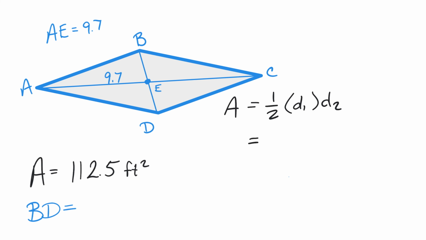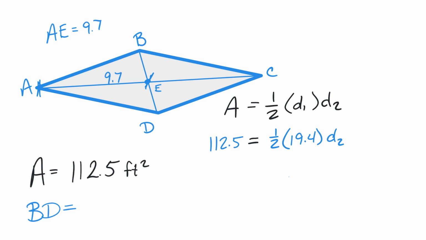But on the figure we have here, we have the area, which is 112.5. We do not have a diagonal here. Actually, we have from A to E, which is here to the center. So the entire diagonal is going to be twice that, 9.7 times 2. So this diagonal would be 19.4, and we would not know the second diagonal.